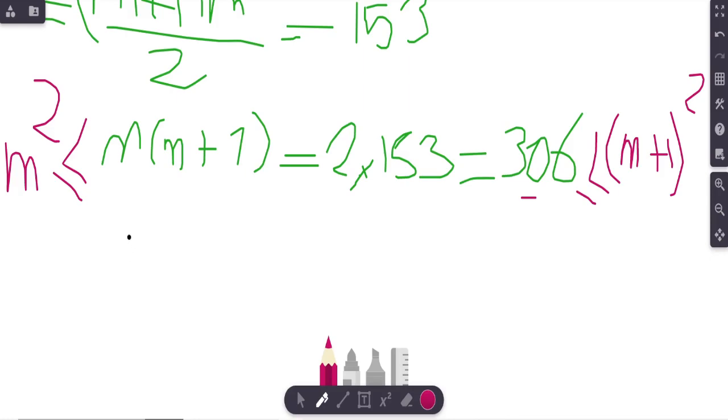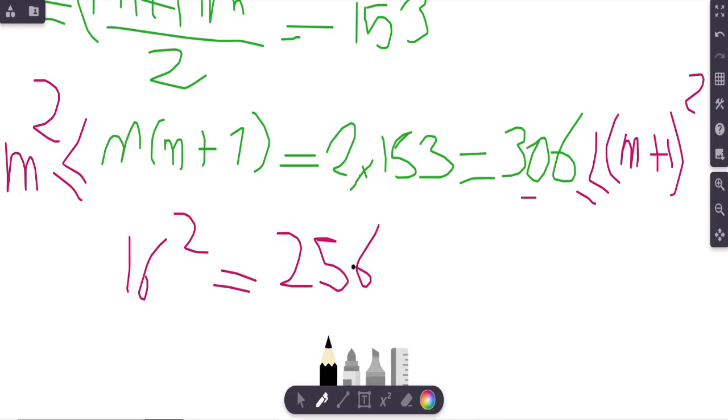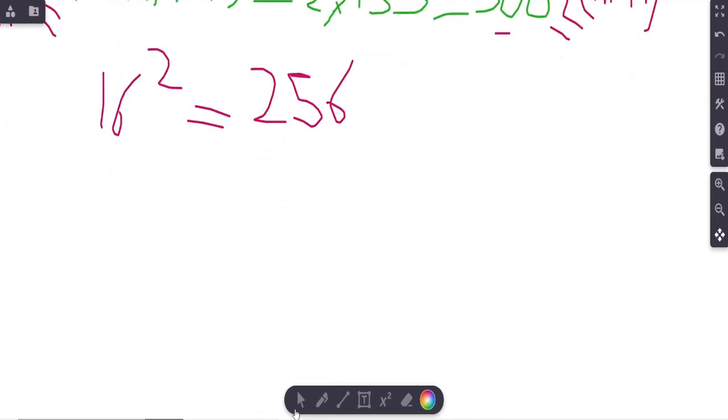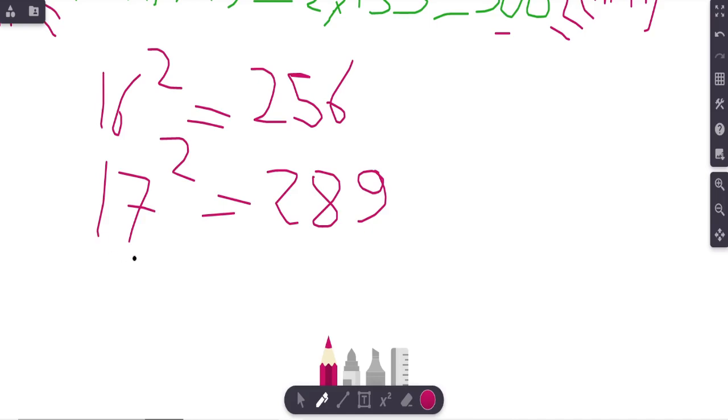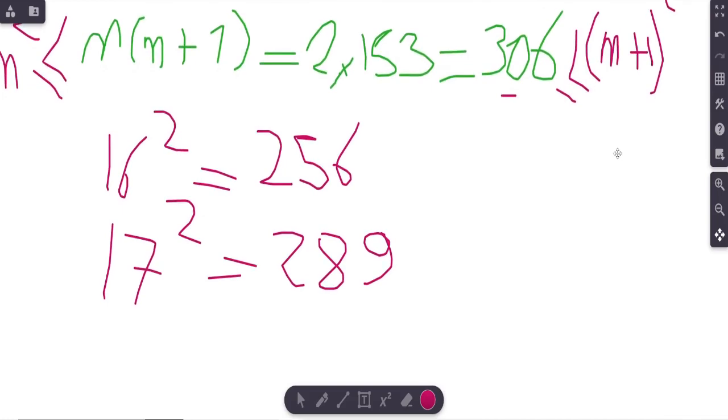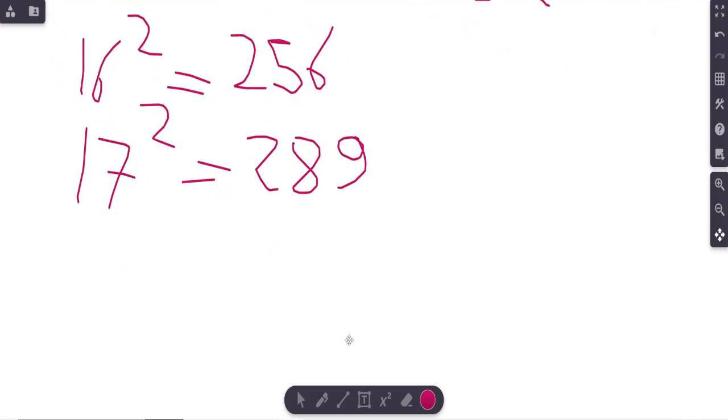Let's take 16, so it's still inferior to 306. So let's try another one. Let's try 17 then. So it's still inferior to 306, but still we are closer. So let's take 18 now.